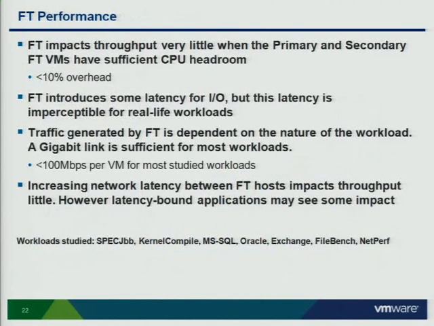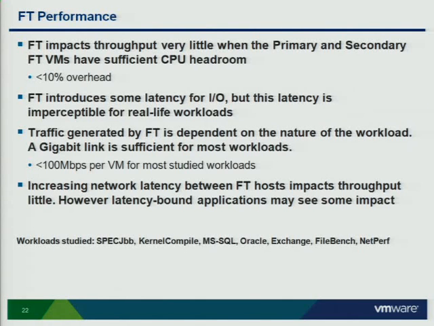All right, so let's jump ahead and talk about performance of FT. FT really has little impact on throughput when the primary and the secondary FT VMs have enough CPU headroom, right? The maximum overhead we're seeing in throughput is under 10%. Okay, FT introduces some latency for I/O, but the latency is really imperceptible for your typical real-life workloads.